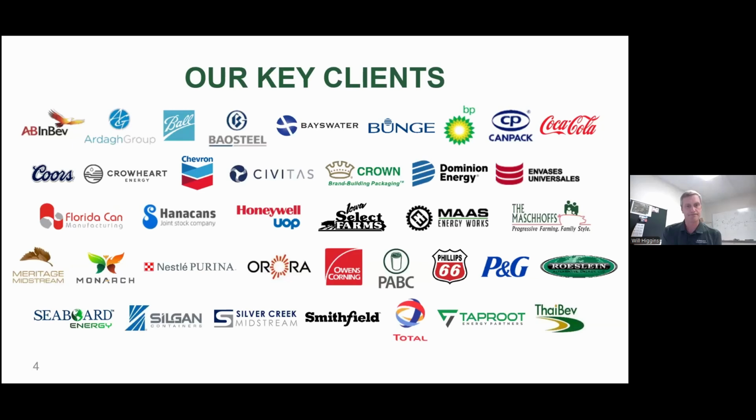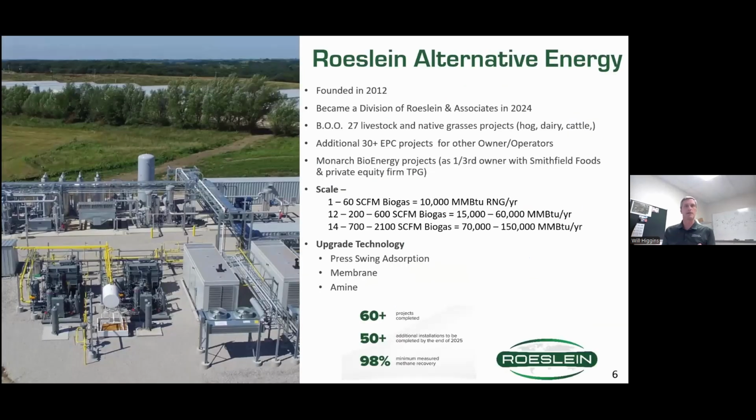A little more background about Roeslein Alternative Energy, which is the renewables division. It was founded back in 2012 and was its own separate company. Then in 2024, it was merged into the rest of Roeslein and Associates as a division.